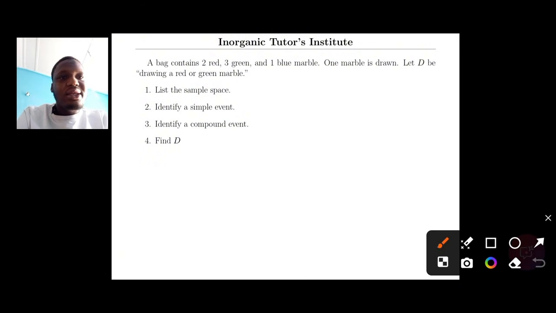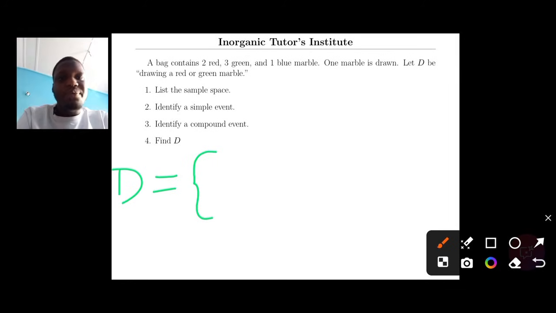And the last question, we said we should find D. Remember, D is an event, not a probability. Let D be drawing a red or green marble. If they want it to be a probability, they will say let D be the probability, but this is let D be this. So D is only an event, and an event is a set.